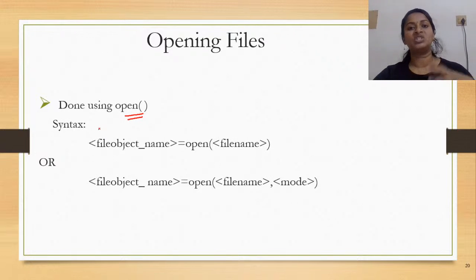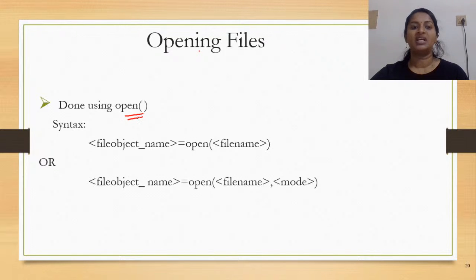A function is something which is standalone, and a method is also a function but can exist only inside an object, as a component of an object. Now, for opening the files, we use the function by the name open.